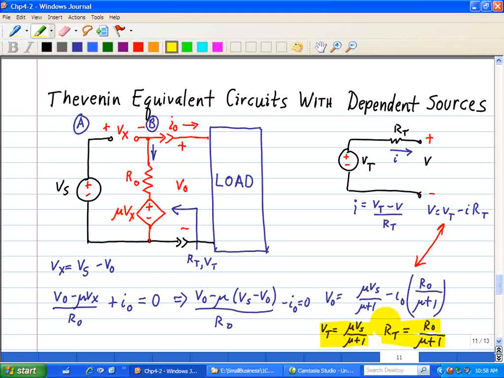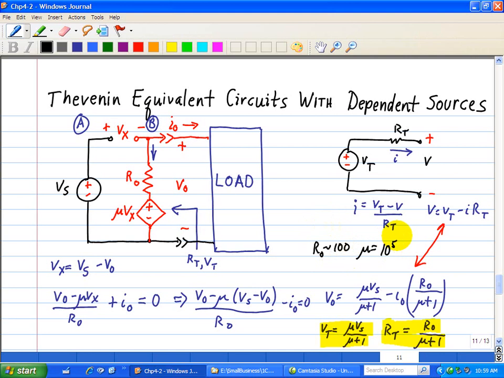Now the circuit is basically a model of an op-amp circuit called the voltage follower. The output resistance for a general purpose op-amp is around 100 ohms. So RO for a general purpose op-amp is about 100 ohms. And the gain for an op-amp, mu, is very large, about 10 to the 5th.